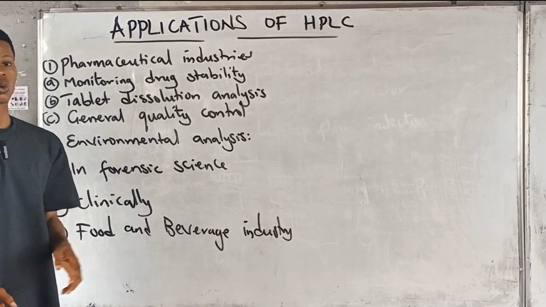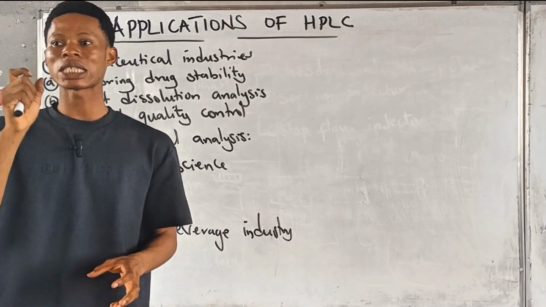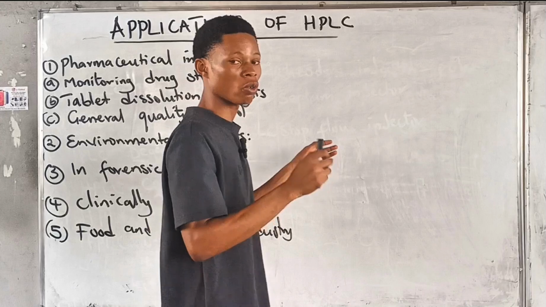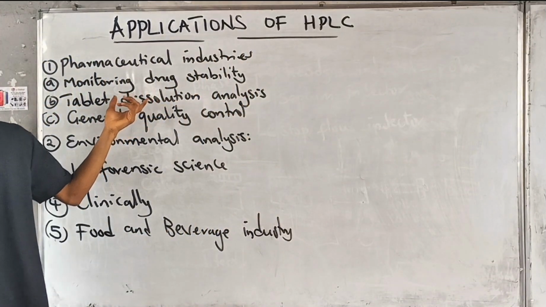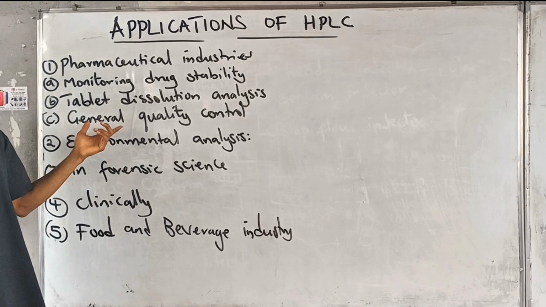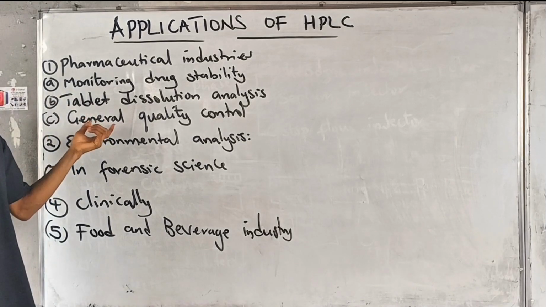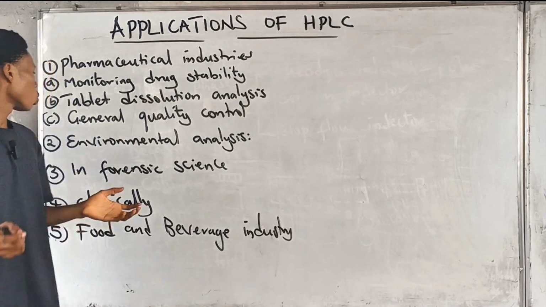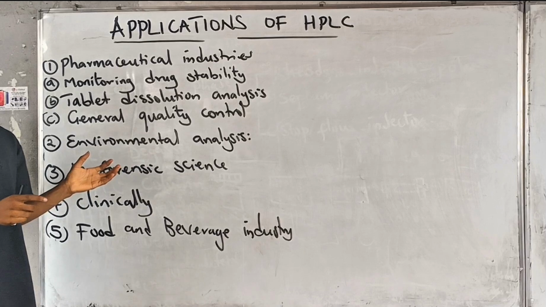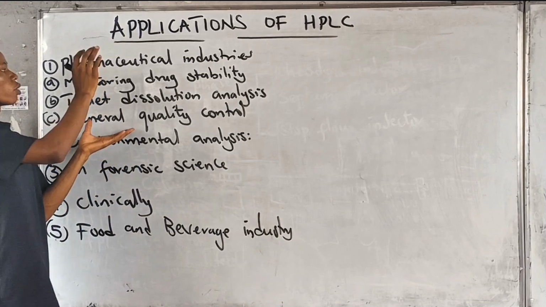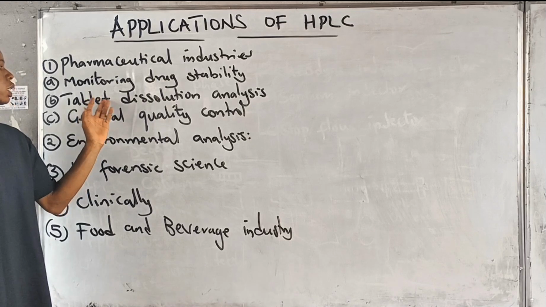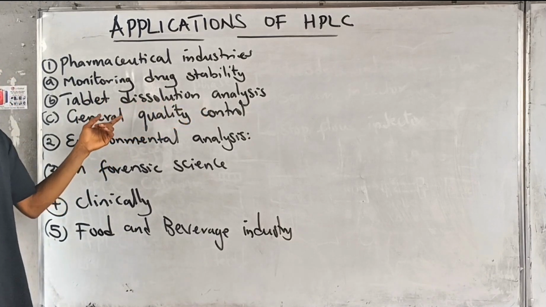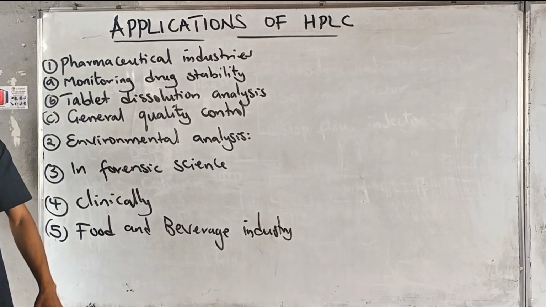We can use it to analyze tablet dissolution, how tablets dissolve. We can use it for general quality control. So in the pharmaceutical industry, you can apply HPLC for these purposes: monitoring drug stability, tablet dissolution analysis, and general quality control.